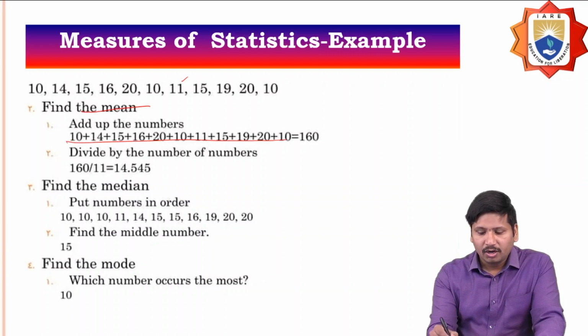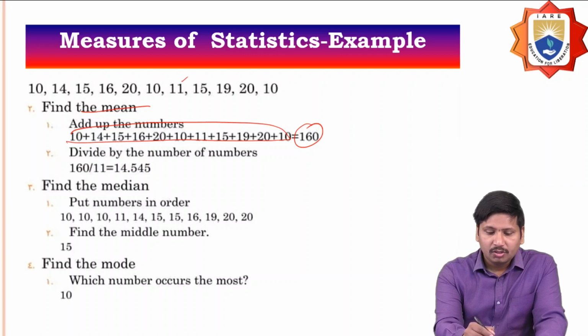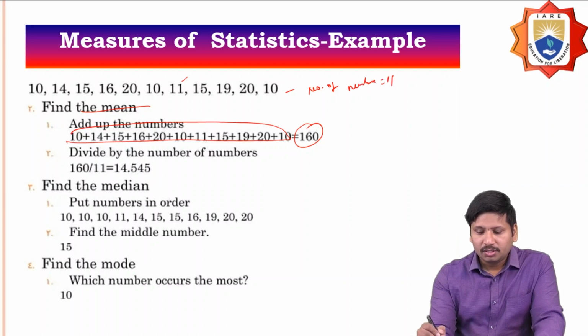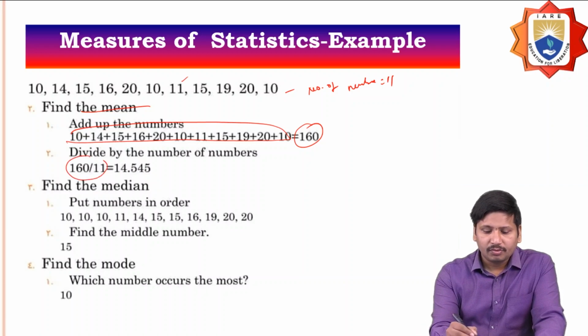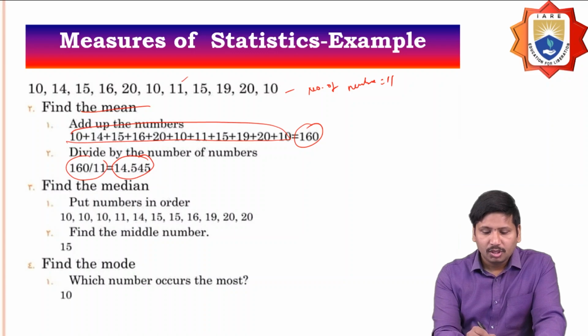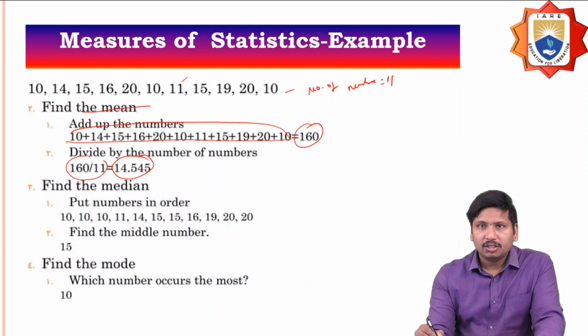First of all, you add all those numbers, and I get 160. Then we divide that by the total count of numbers, which is 11. So 160 divided by 11 is the mean value. Similarly, how is the median calculated? Suppose this is the list of n numbers.